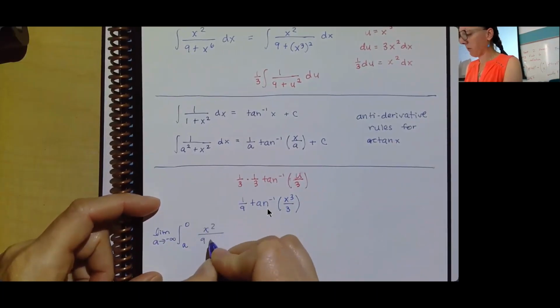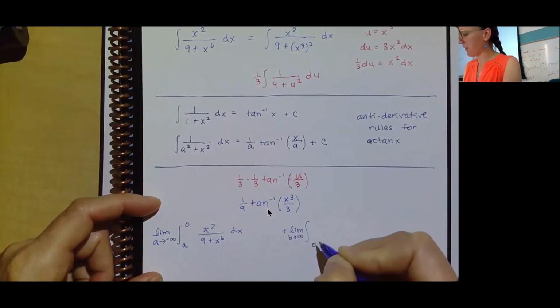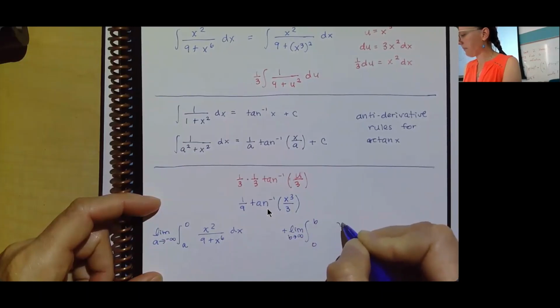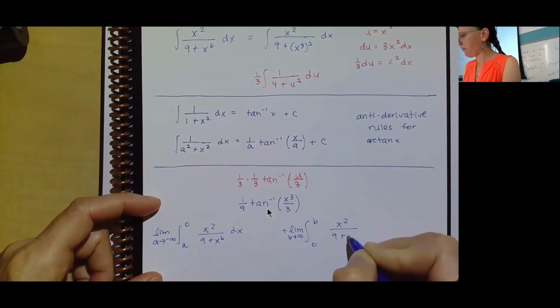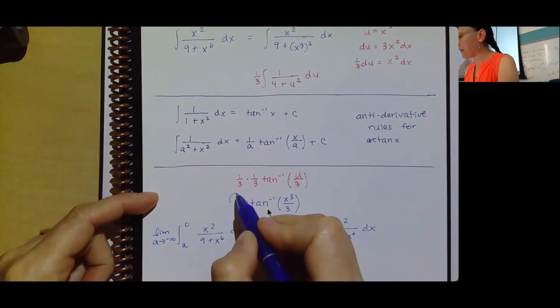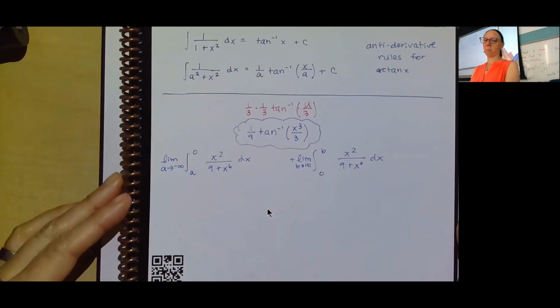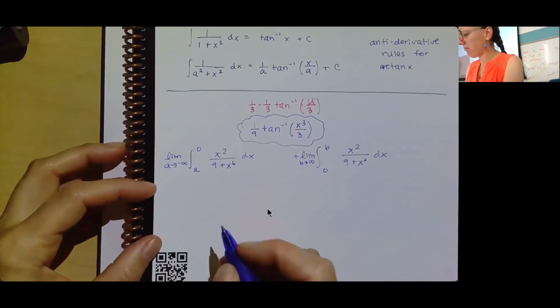I'm just rewriting the original, plus you're taking the limit as b approaches positive infinity, 0 to b. And now that we've got our antiderivative ready to go, we can plug that in and look at the limits.